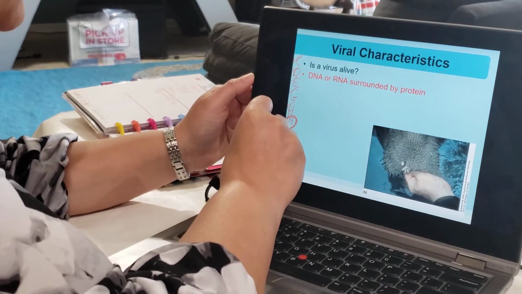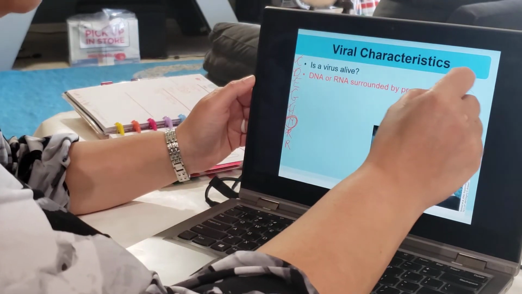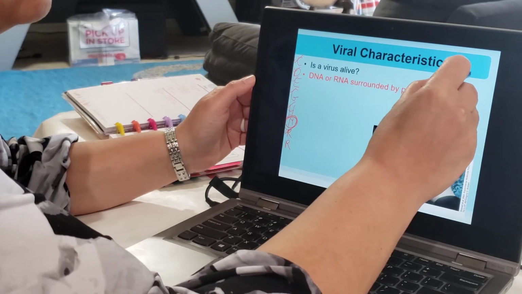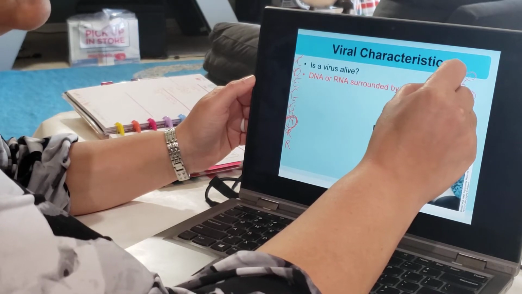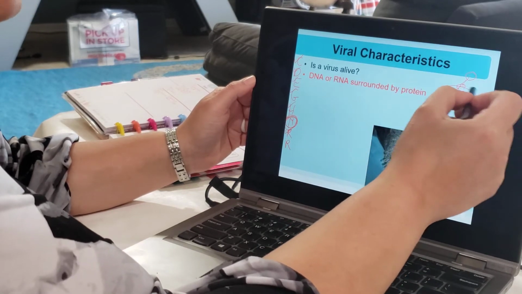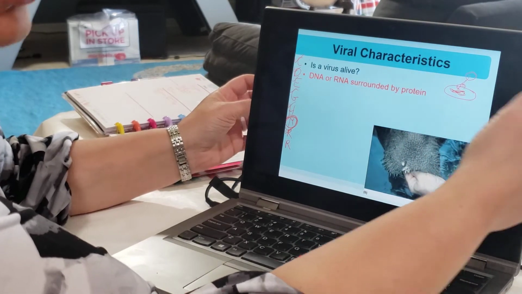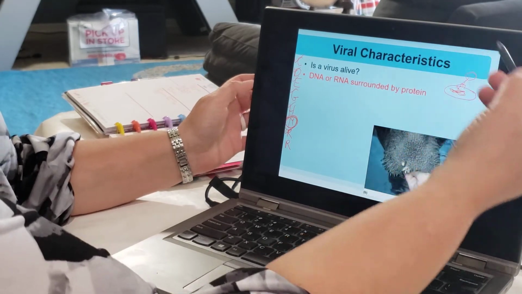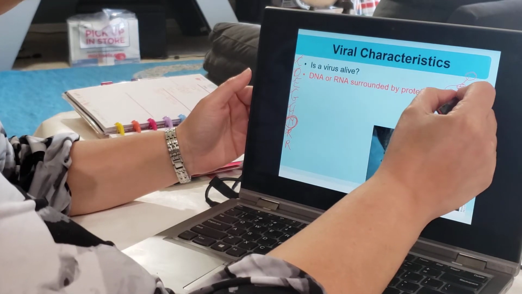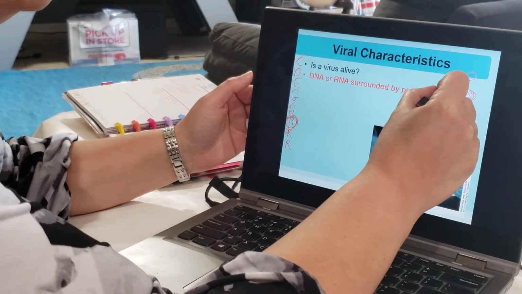They have to be able to reproduce. They do. What they actually do is the virus will go into the host cell, attach to the host cell, and insert its DNA into the DNA of the host cell, and then the host cell will do its typical job: transcription, translation, copying its DNA, turning that DNA into proteins. And then all of a sudden, the host cell starts making a bunch of baby viruses.